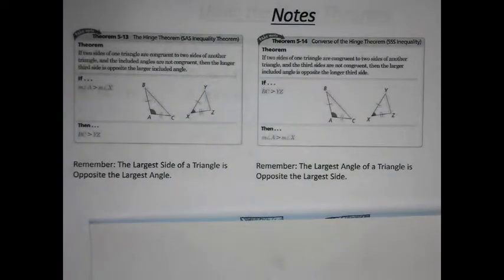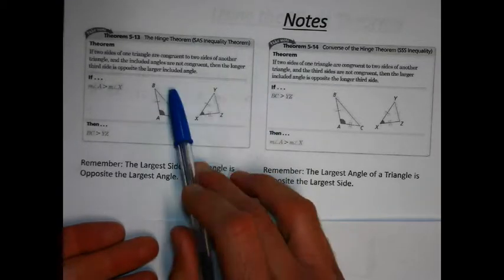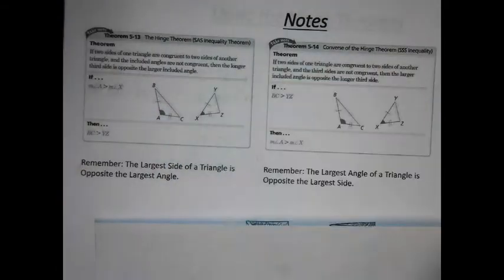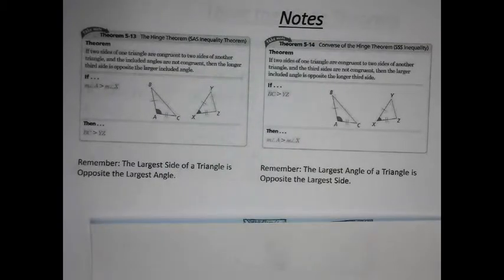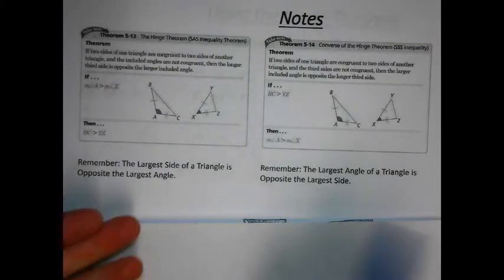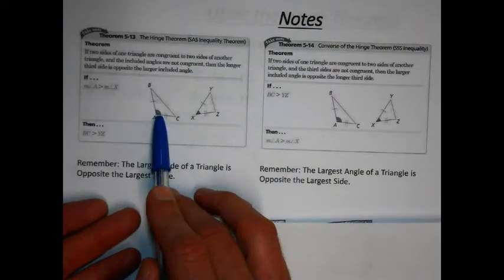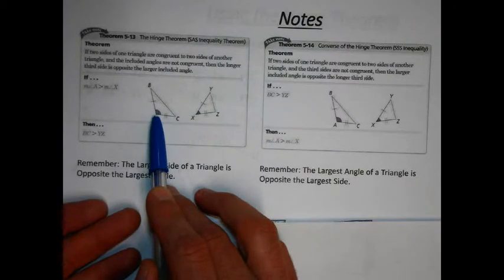The Hinge Theorem says that if the included angles aren't congruent, then we're talking about the sides. So if angles, then sides. Basically, if you have two triangles with two sides congruent, the triangle that has the larger included angle will have the larger side opposite.